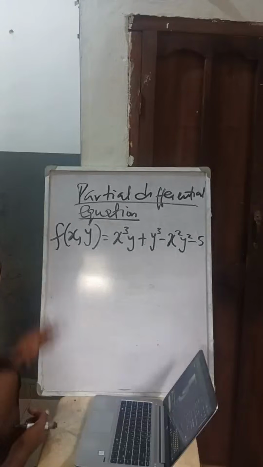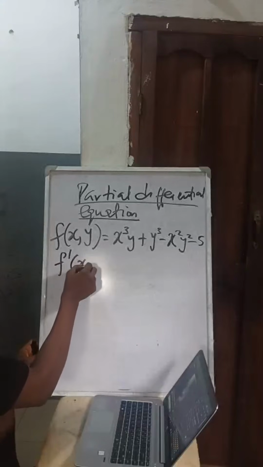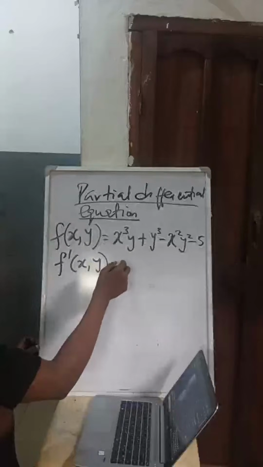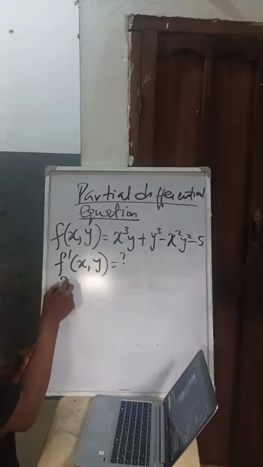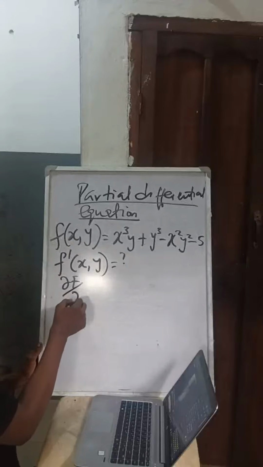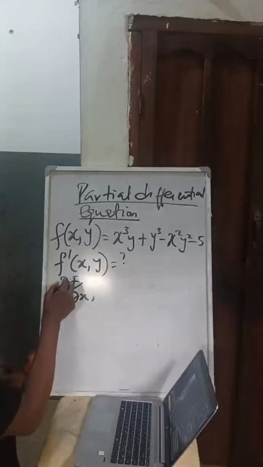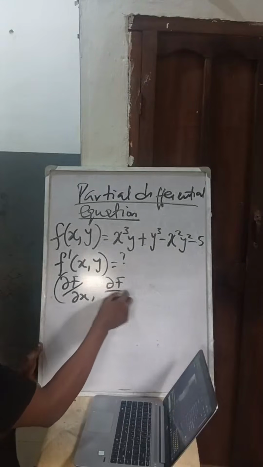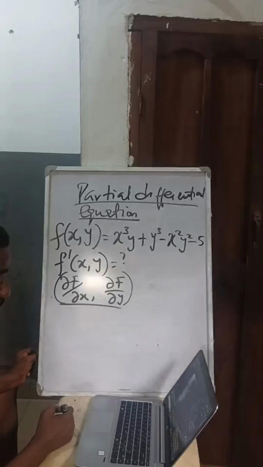So when you are given this question and you are asked to find f prime of x comma y, what will you do? First, you differentiate f with respect to x. Okay? Keep it here. Differentiate f again with respect to y. Keep it here. This is your answer.